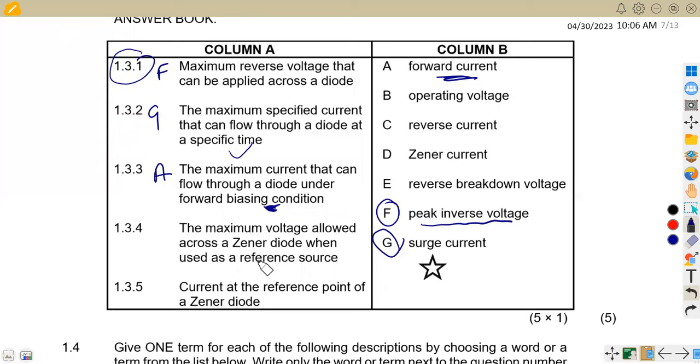It's a reverse breakdown voltage. So you see, it's also a repetition. If you check one of the question papers that I have done, you see that they are repeating now and again. On 1.35, current at a reference point of a Zener diode is referred to as a Zener current, which is D.